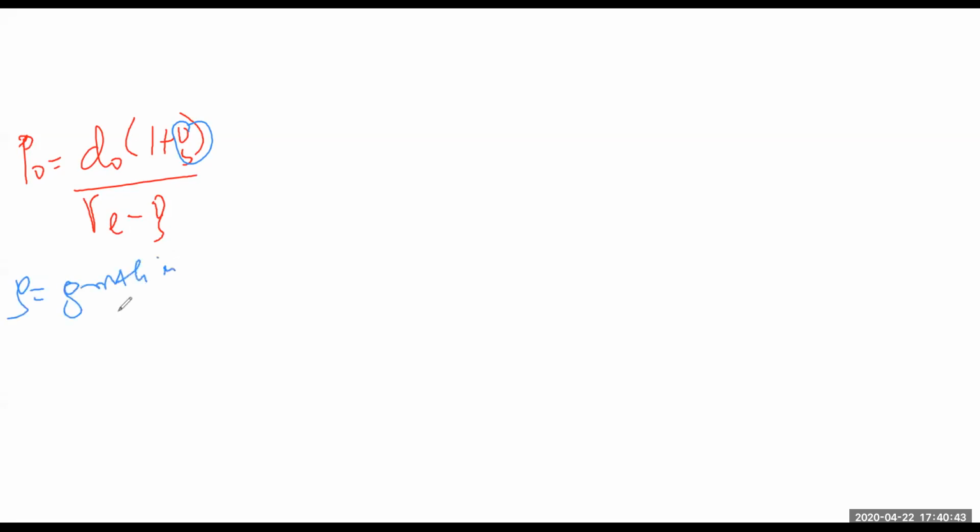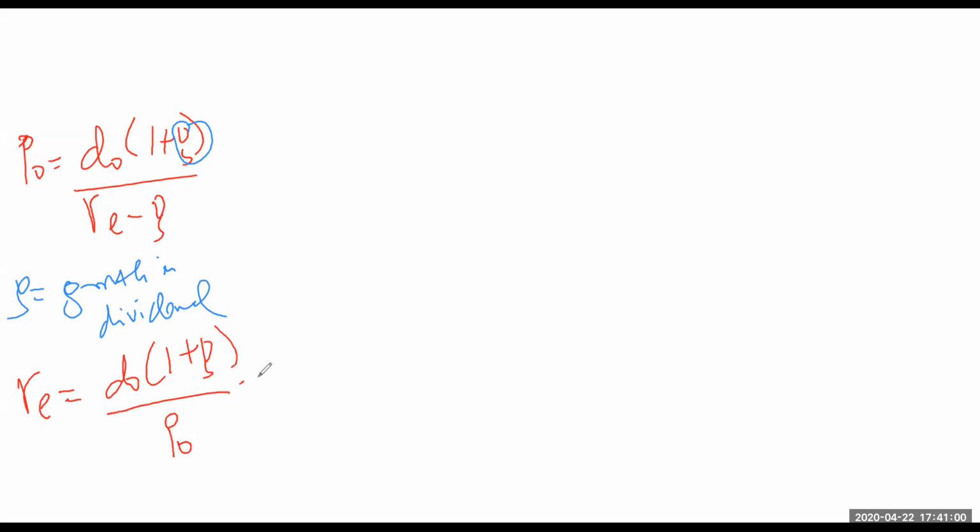If we make the cost of equity the subject, cost of equity will be equal to D naught (1 plus g) divided by the current ex-dividend market value, plus g. This is what we discussed with the cost of equity.